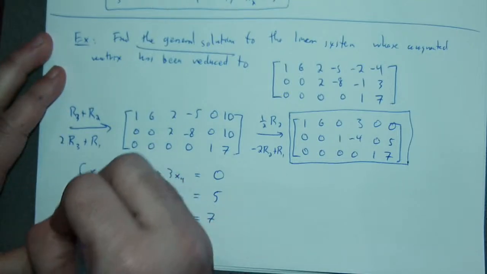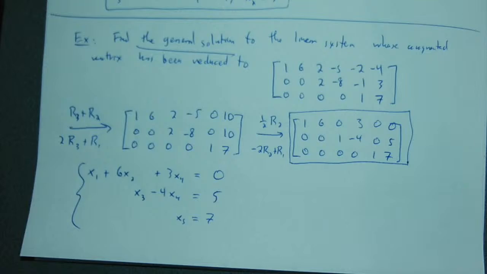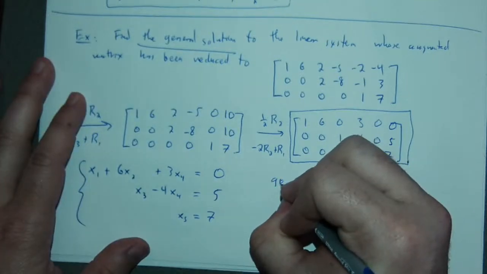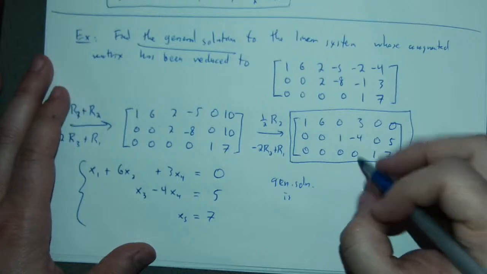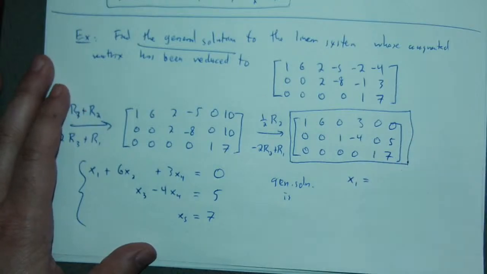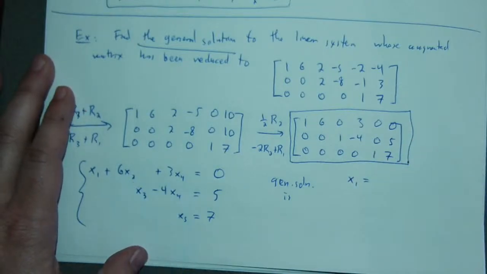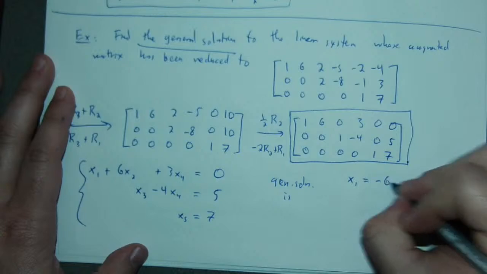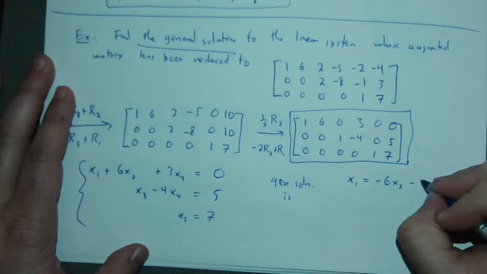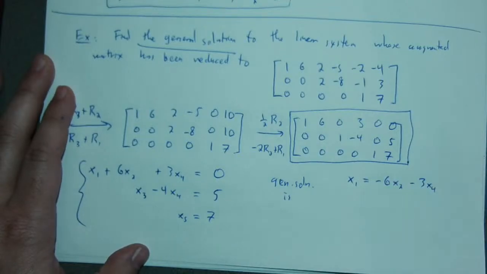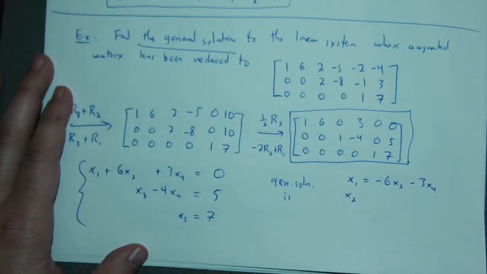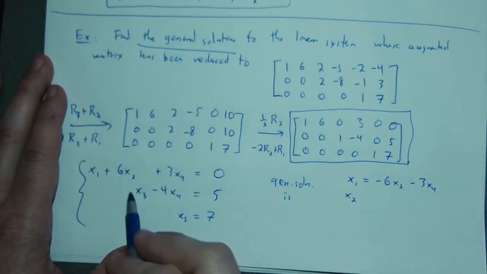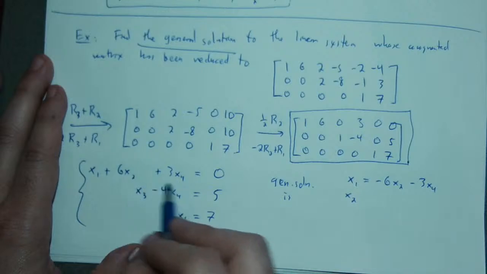So then this is my linear system. What does a general solution look like? So then the general solution is x sub 1 can be written in terms of x sub 2 and x sub 4. So minus 6 x sub 2 minus 3 x sub 4. X sub 2 isn't here.